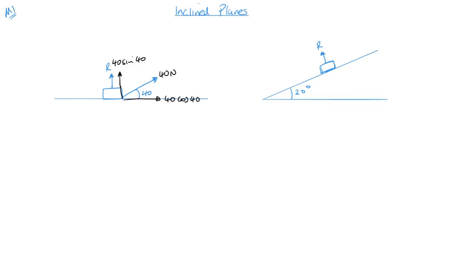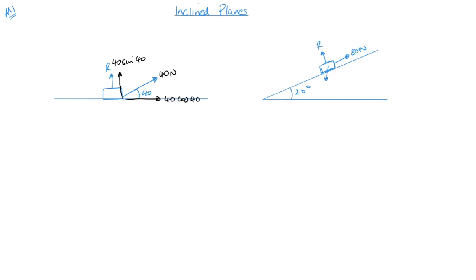So if I have forces acting upon this box, like for example its weight, or if there's another force, say going parallel to the plane straight up, then what I need to do is resolve these forces so that they are either parallel or perpendicular to the plane.